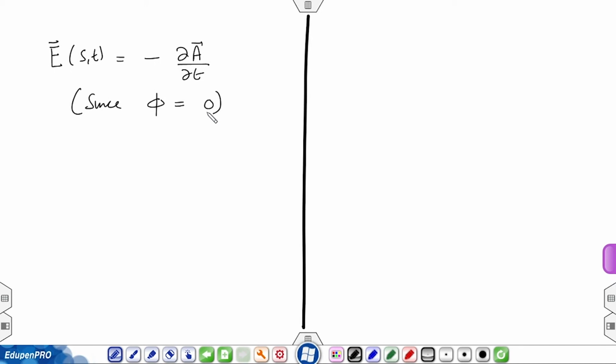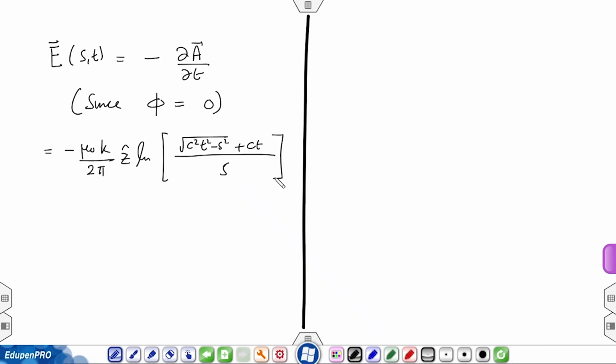And that you can do very easily, and you get the answer to be minus mu naught k over 2 pi in the z direction log of square root of c square t square minus s square plus c t over s, which is the same answer as earlier.